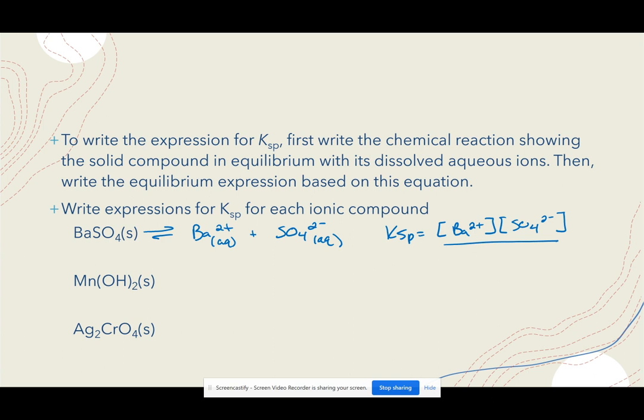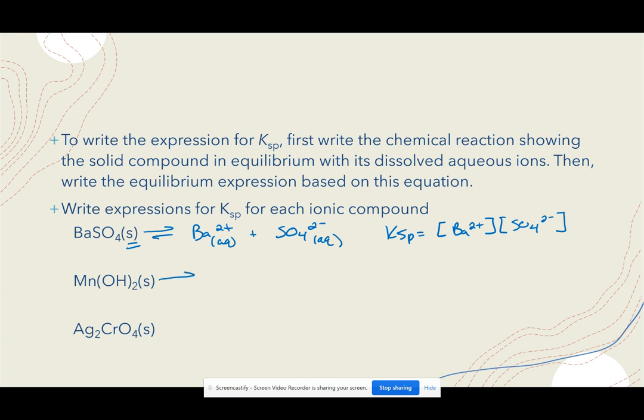But notice my reactant is solid. And just like with KEQ, you do not include solids in your equilibrium expression. So your Ksp expression is just that, barium times sulfate.